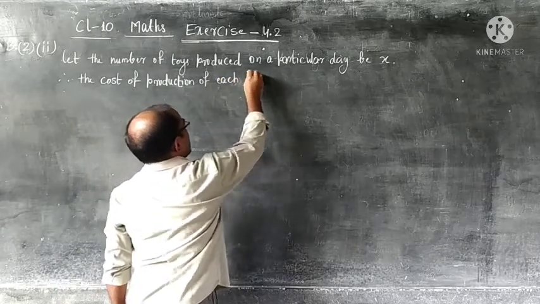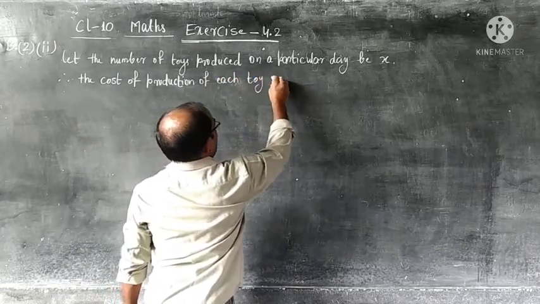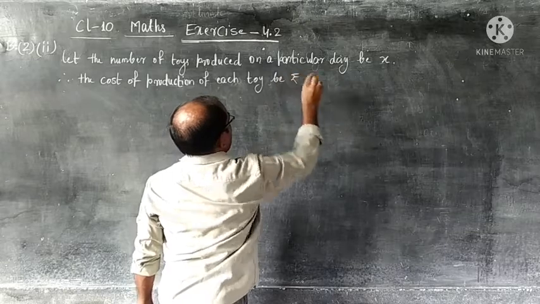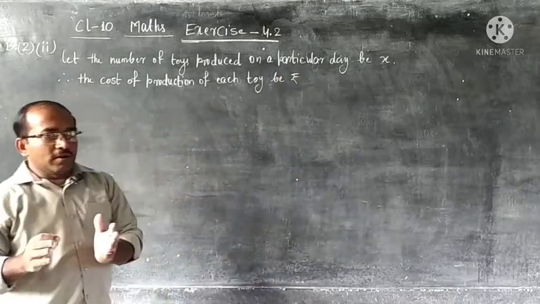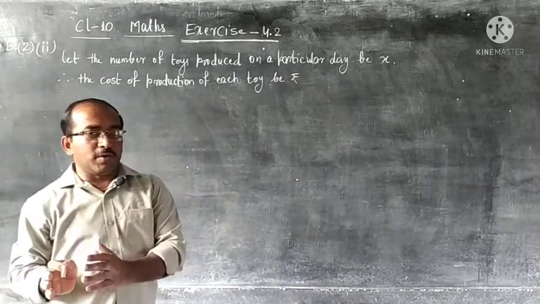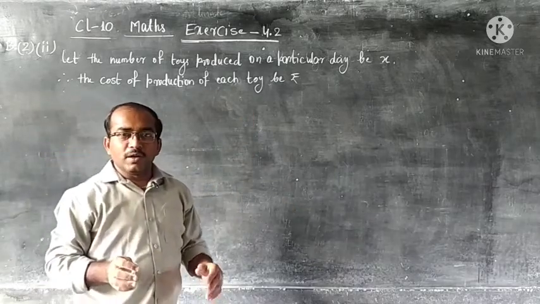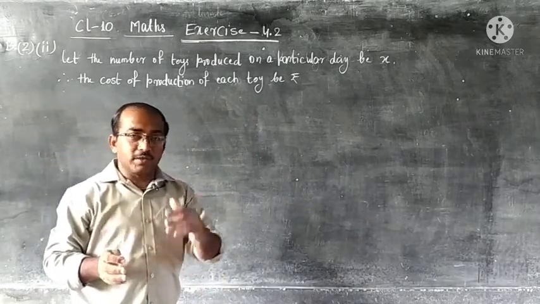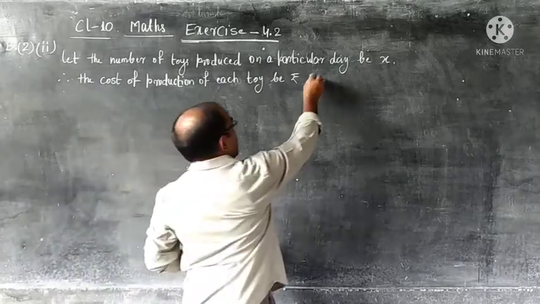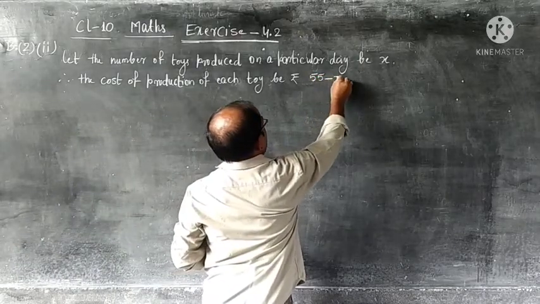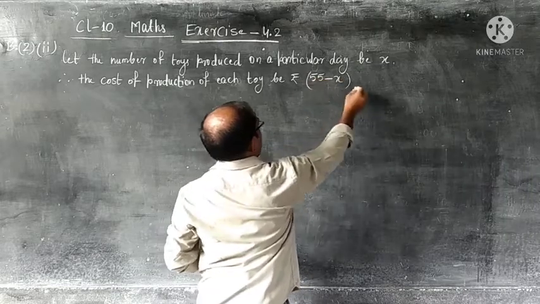So here we need to be a little careful. We should not do x minus 55. It is 55 minus the number of toys, so that is 55 minus x. It is in rupees because this is cost.